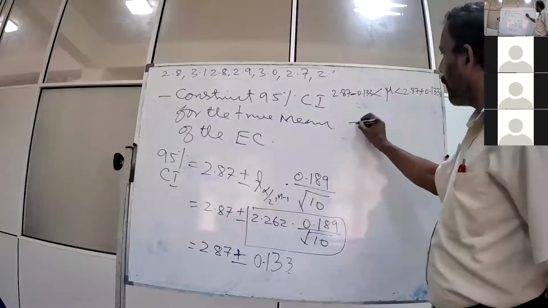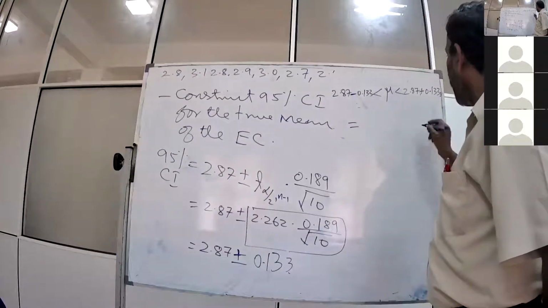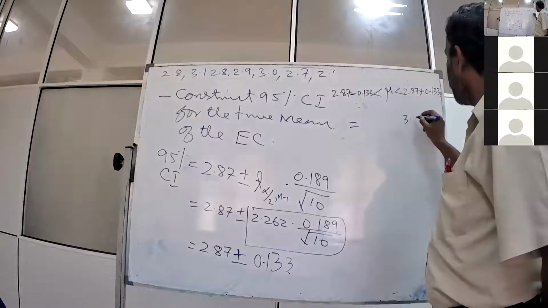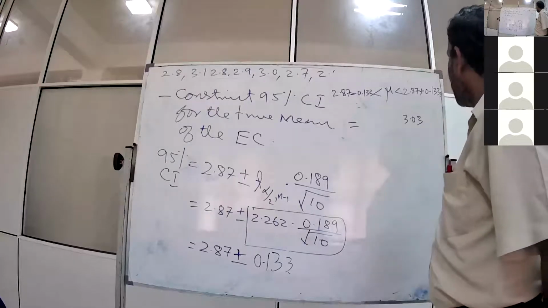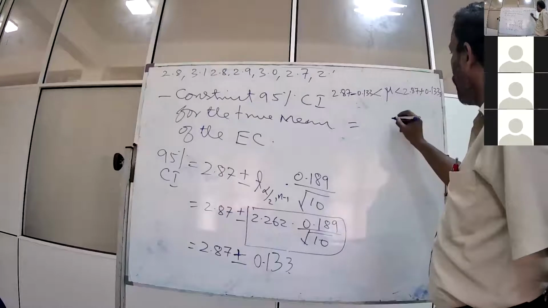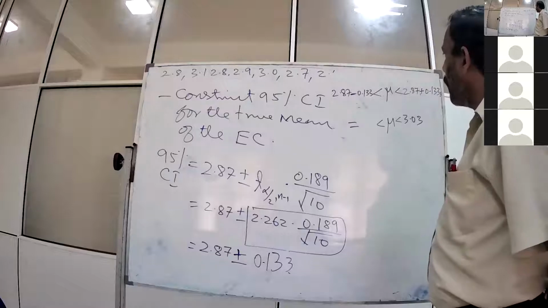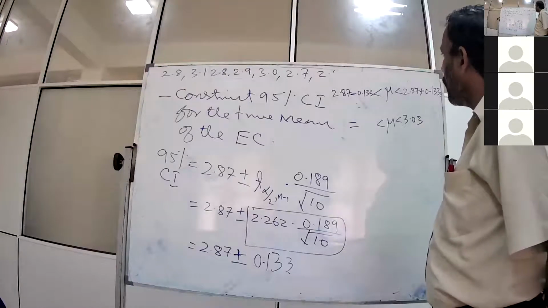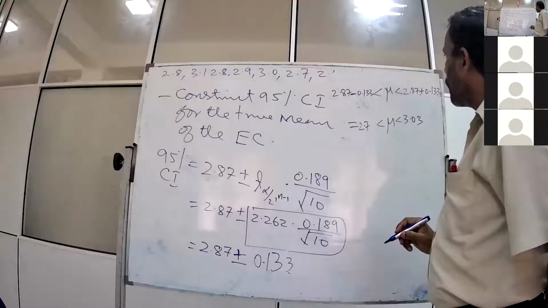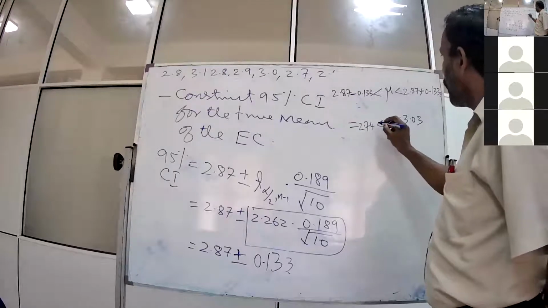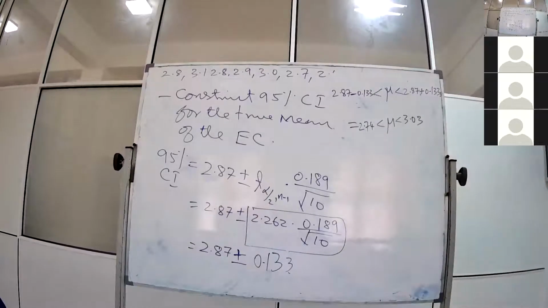Now tell me the range of values. Roughly, let's say 2.74.